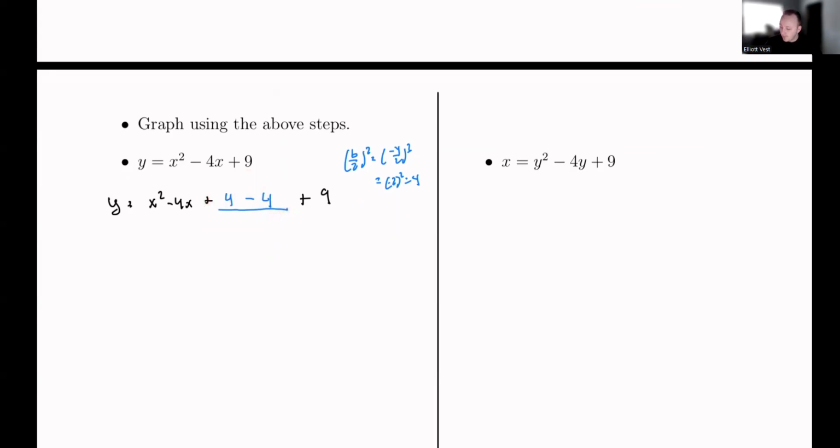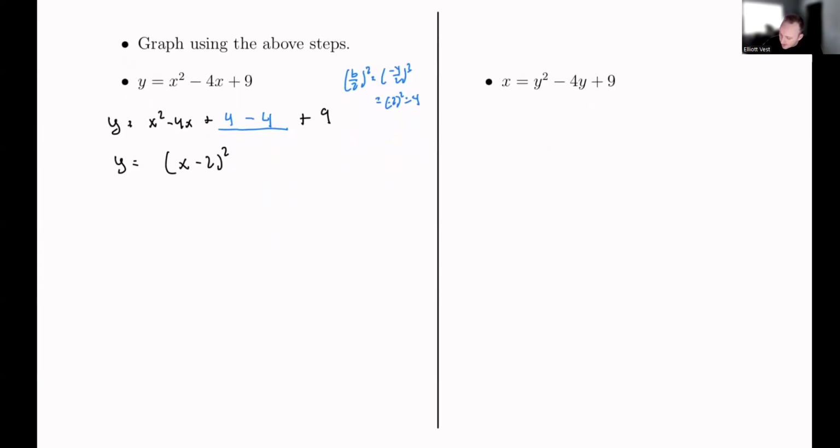But it's nice to have that 4 in here for completing the square. Because when we complete the square, we're going to have y equals x minus 2 squared from this part. And then this part just gives me negative 4 plus 9, or plus 5 here, like that. That's how I do it. Some people show slightly different work, so you can look at other videos for that.